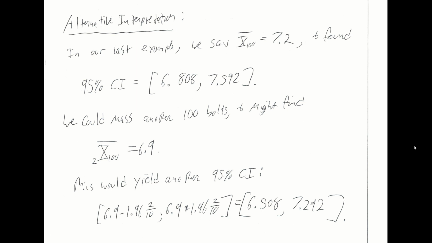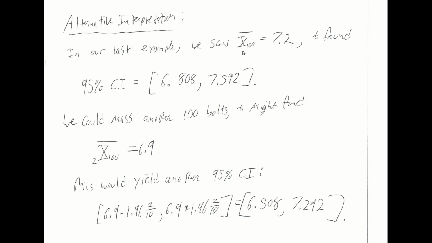For my first sample, I had an average mass of 7.2. For my second sample mean here, I'm seeing 6.9, and I'm putting a little subscript out front to indicate that this is the sample mean for the second sample. Once I've got that new sample mean, that's going to change my confidence interval. So I find a 95% confidence interval associated with that observation of a sample of size 100, and it takes this form.